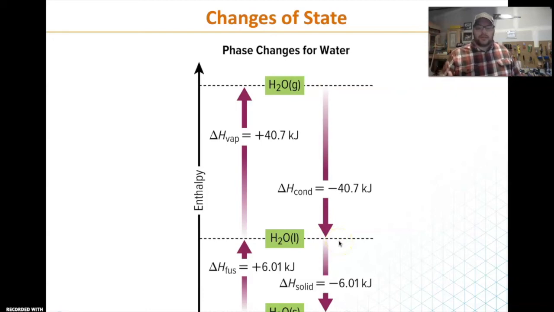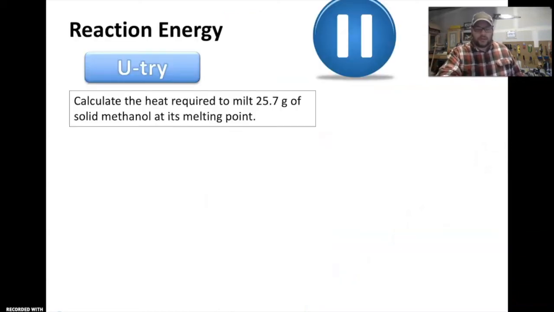And likewise, to freeze to a solid, that mole of water has to release 6.01 kilojoules of energy. All right, so let's go ahead and pause the video again, see if you can solve this problem on your own, and we'll be back with the solution in just a moment.